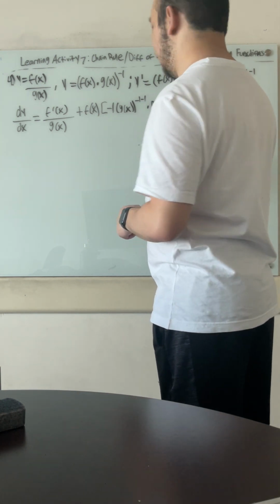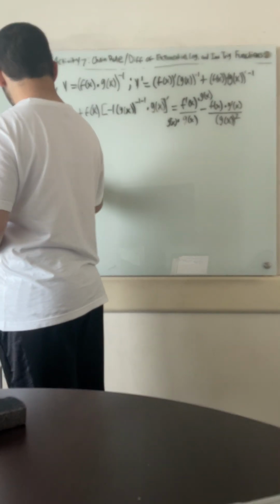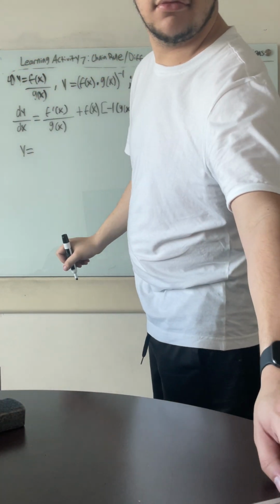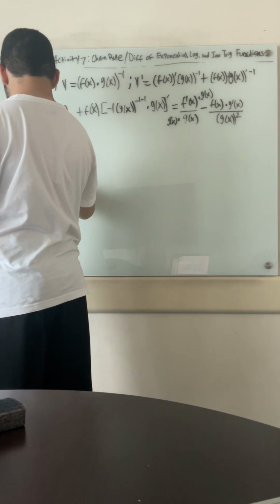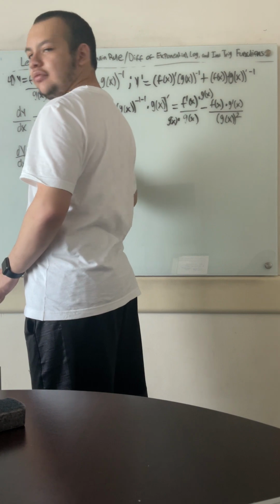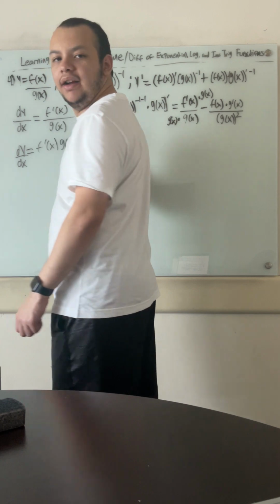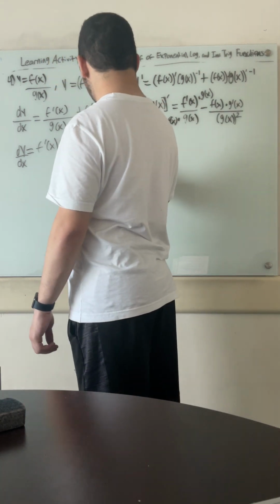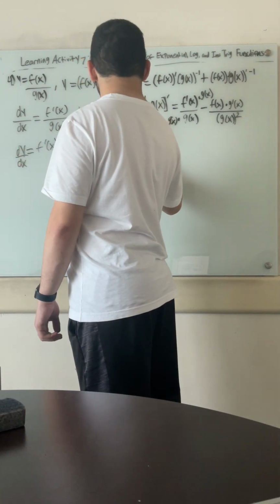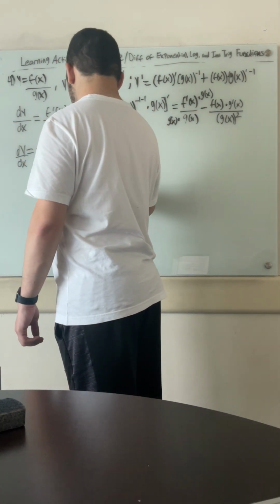Therefore, this leads us to prove that dy dx is in fact equal to f prime of x, g of x, minus g prime of x, f of x, all over g of x squared.